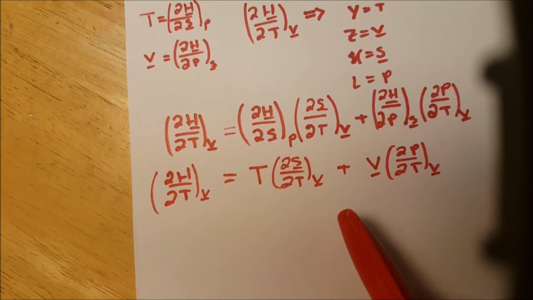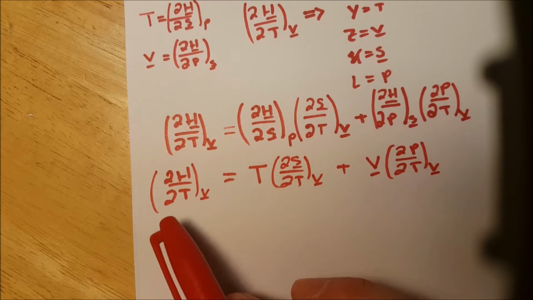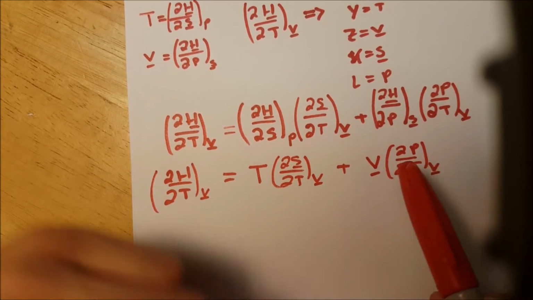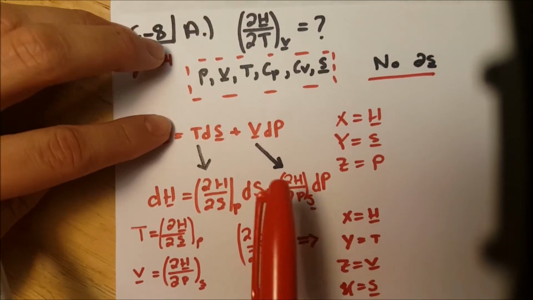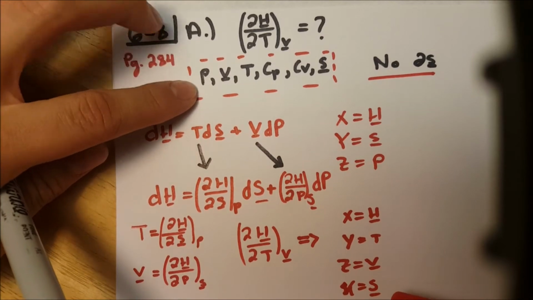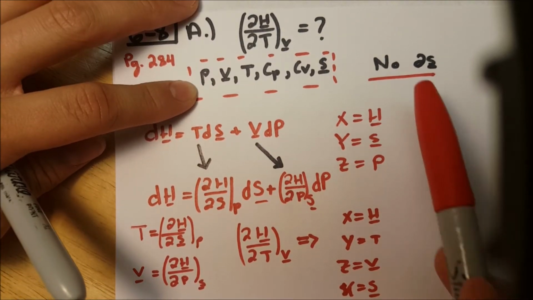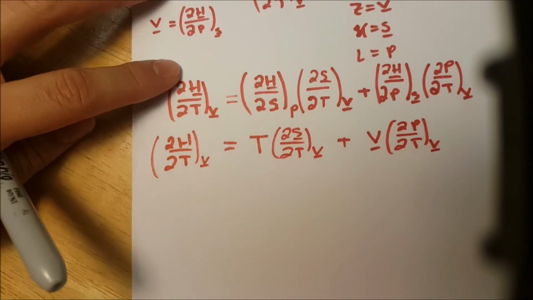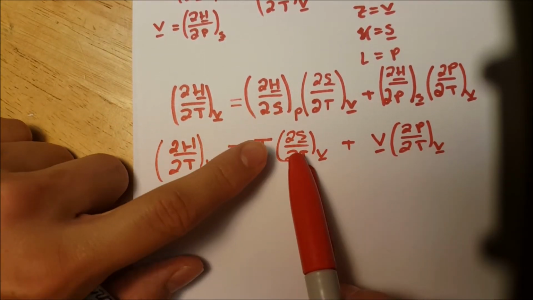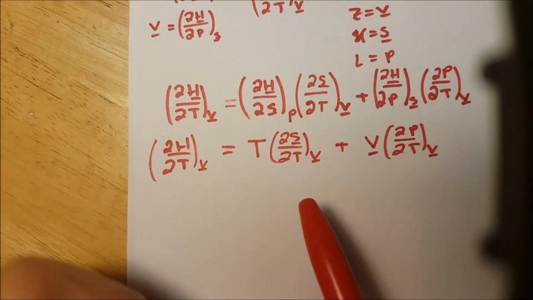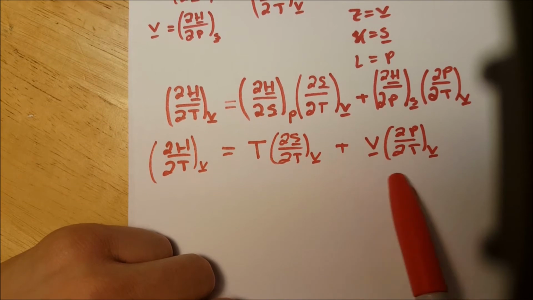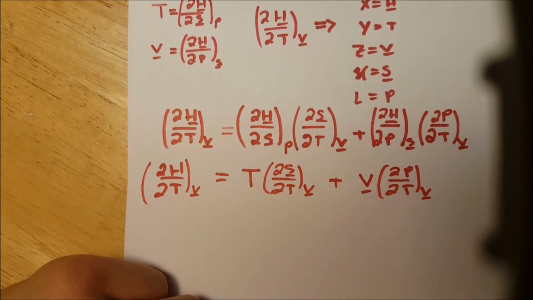Now we're getting to a point where there's not much left to do, because this problem wants us to put things in terms of these variables and the change of them, except for S. However, this has a change in S, so we want to get rid of this. This is fine because it has everything that's specified.